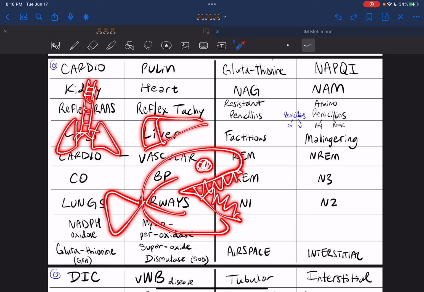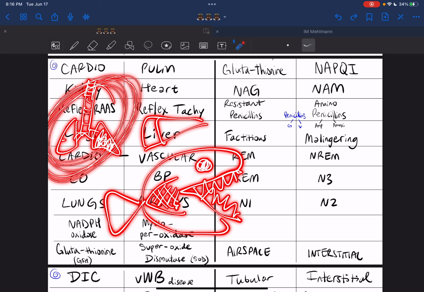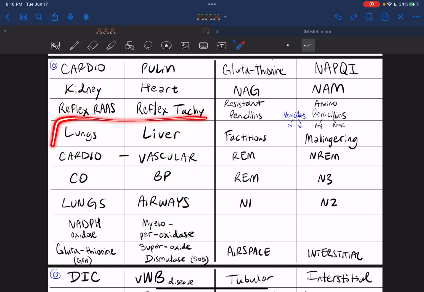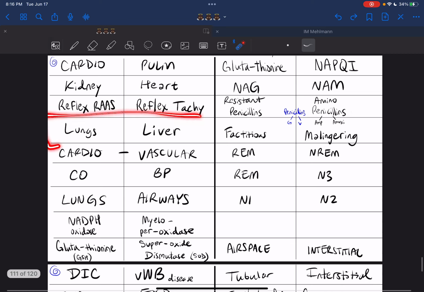And so it destroys two organs, the lungs and the liver. It cuts up all the alveolar septa, and it gives them emphysema in their lungs. And then it also cuts up their liver and gives them liver problems. So lungs and liver, they're both affected by cancer metastasis, and they're both affected by alpha-1 antitrypsin deficiency. So they're a pair in these diseases.